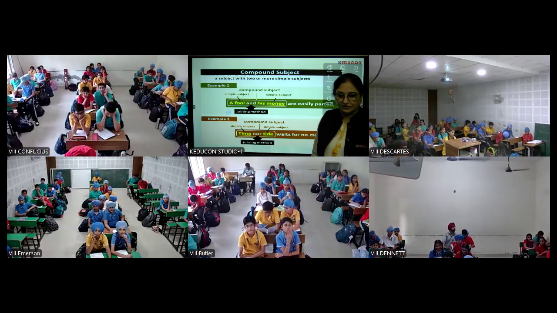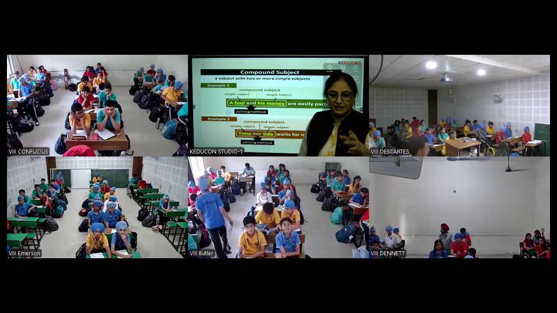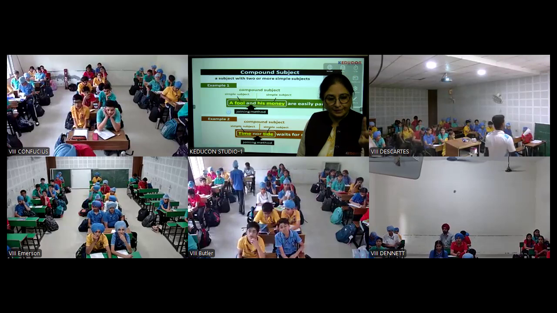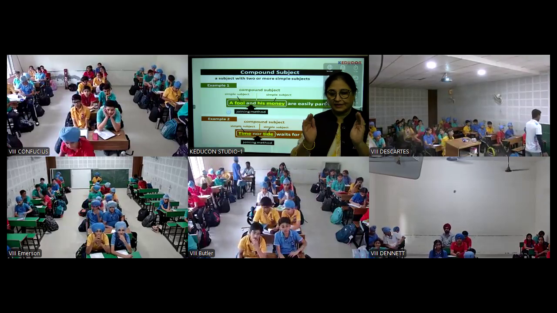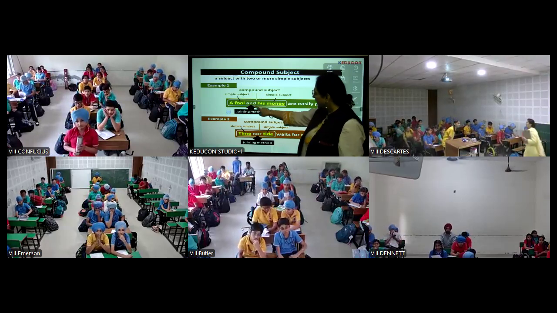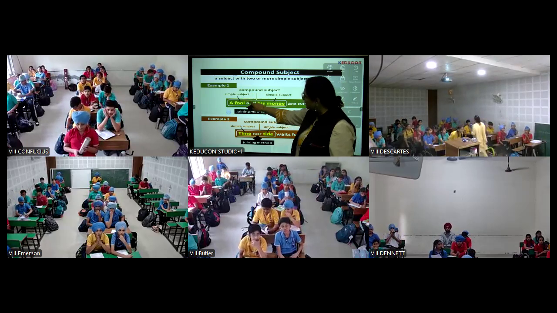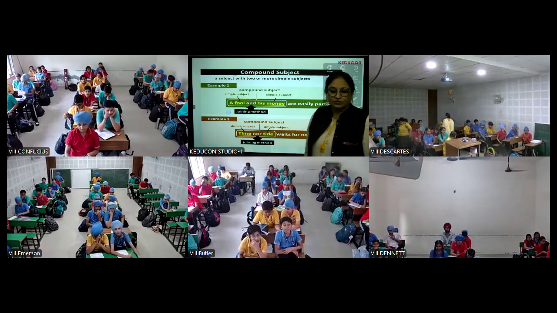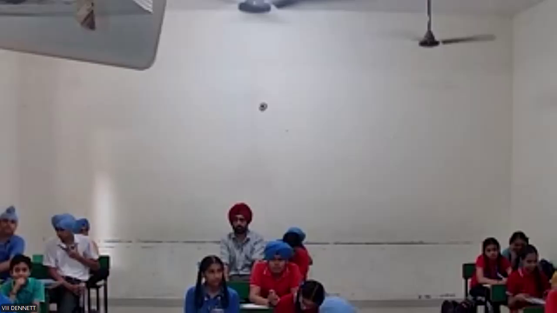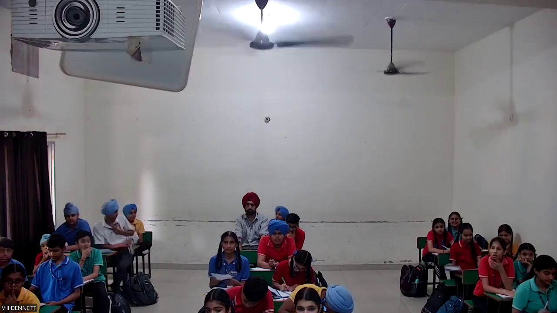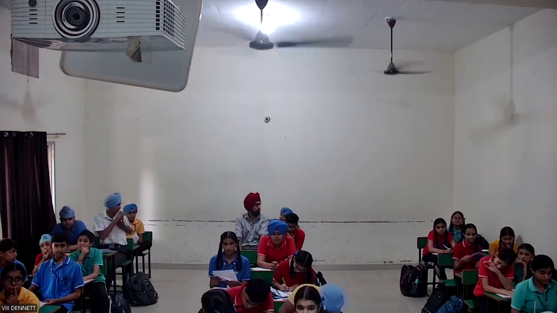So there are two subjects, a fool and his money. Fool and money are simple subjects and together they make a compound subject. Okay. They are always joined with a conjunction. Okay. So this is it. Now let's go to the next one.